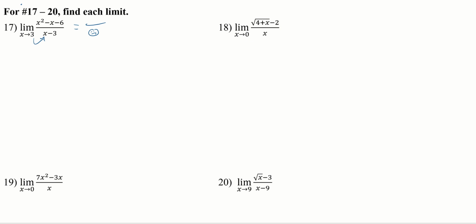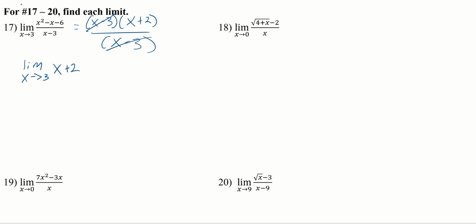And so that tells me I need to do something. Well, I noticed that I can factor the numerator. So if I factor the numerator, I've got x minus 3, x plus 2 over x minus 3. Now what I can do is cancel these common terms out, and now what I'm left with is the limit as x approaches 3 of x plus 2.